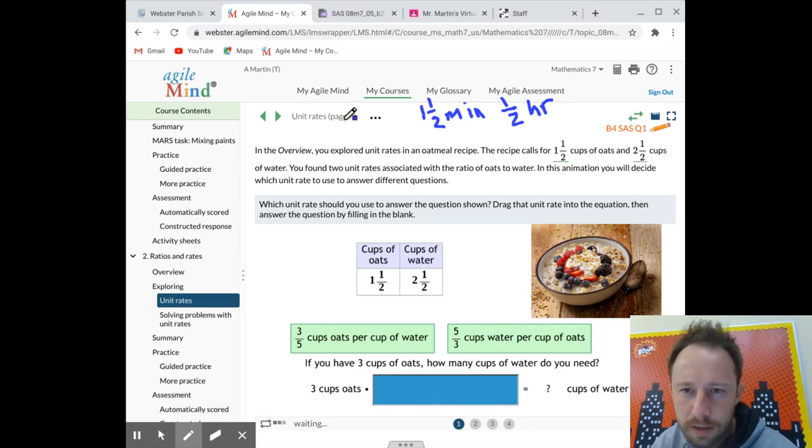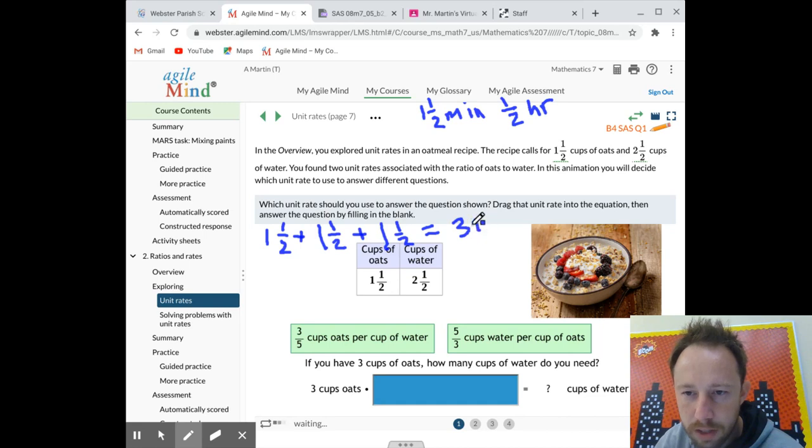Look, 1 and 1/2, plus 1 and 1/2, plus 1 and 1/2. So how many whole numbers do we have? 3. So that's 1, 2, 3. So that's 3 plus, what's 1/2 plus 1/2?